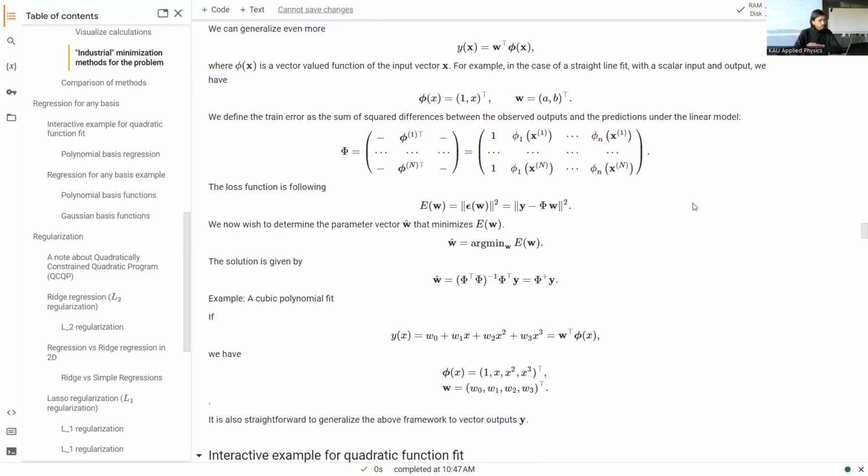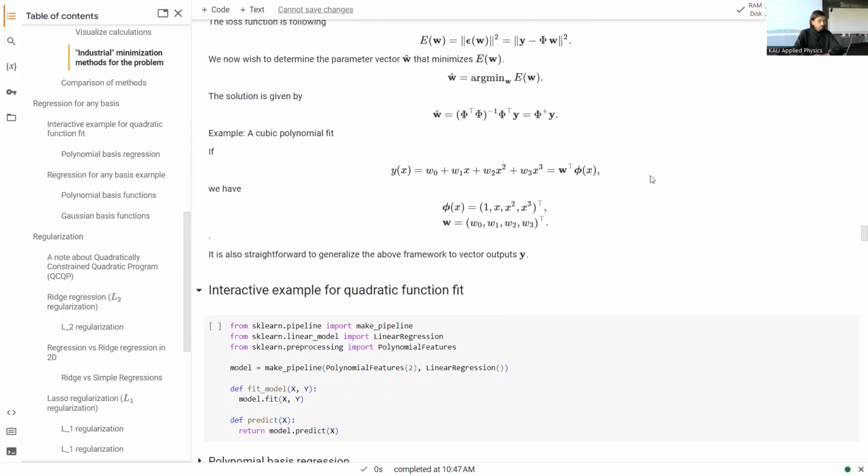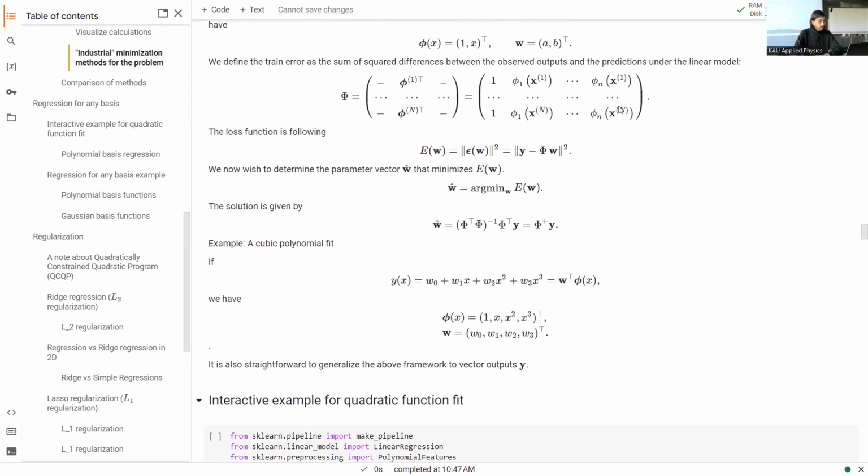I can perform everything I did before. Just in this case, instead of matrix X with bare features, I will get a matrix capital Phi that contains the results of calculating all those component functions, phi 1 to phi n, from my vectors, and some constant feature to make things a little bit simpler. I can do everything I did before, and I will still get basically a linear regression.